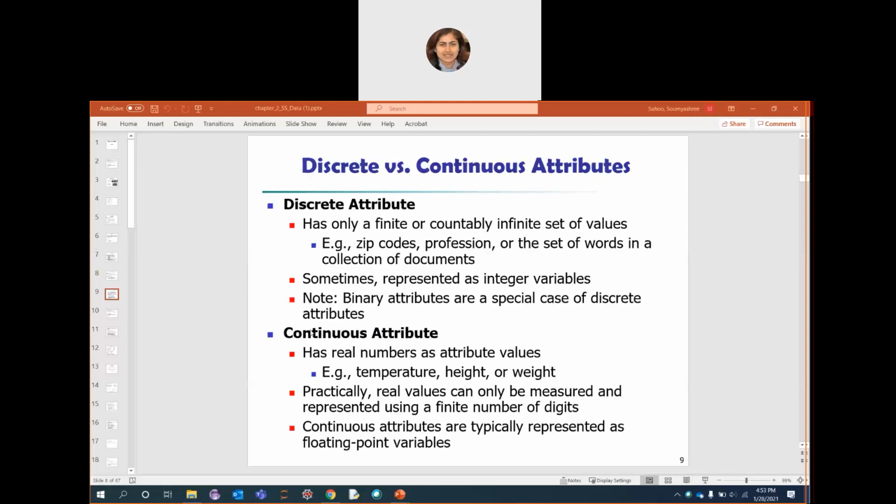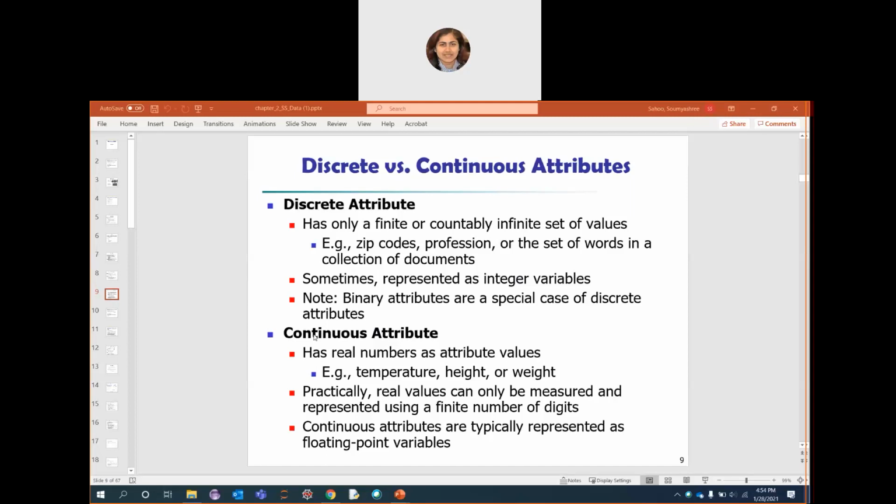Then next are the discrete and continuous attribute types. Discrete attributes have a finite or countably infinite set of values which may or may not be represented as integers. You can take the example of zip codes, profession, or various types of documents.